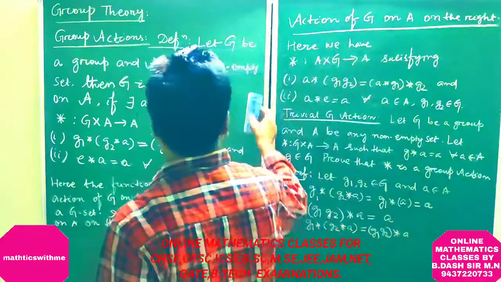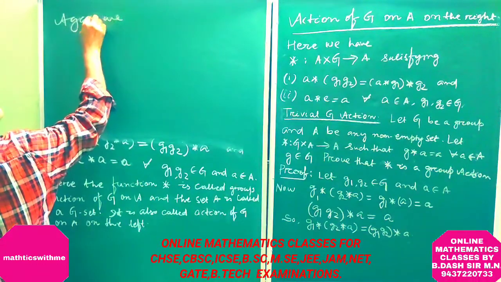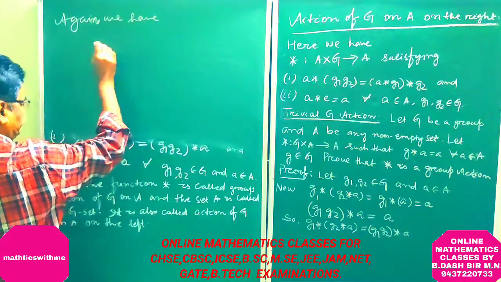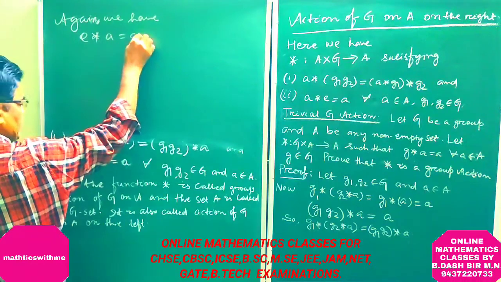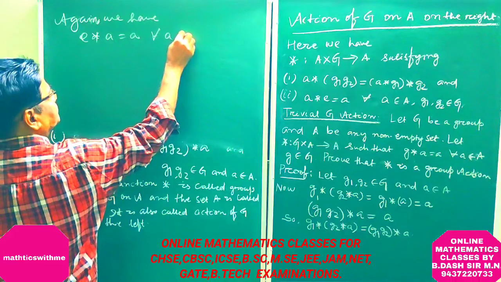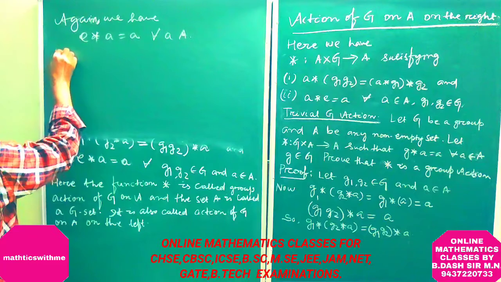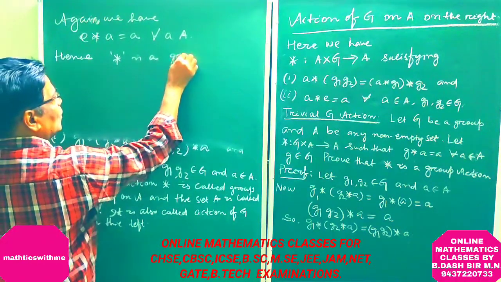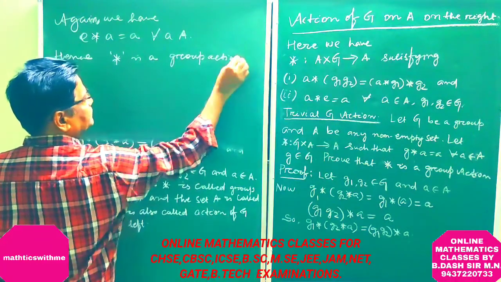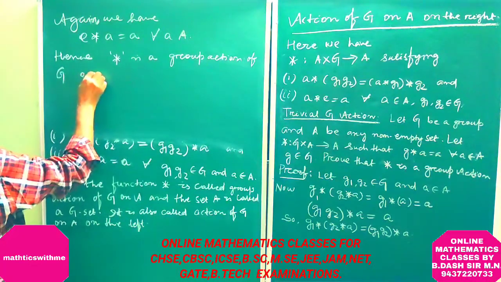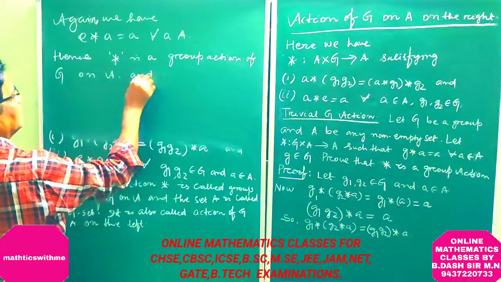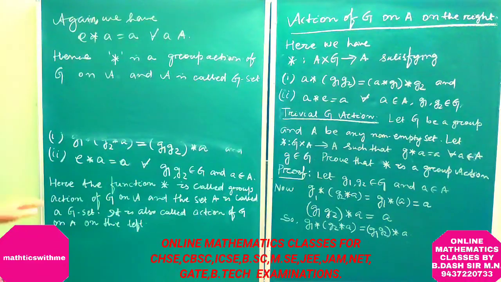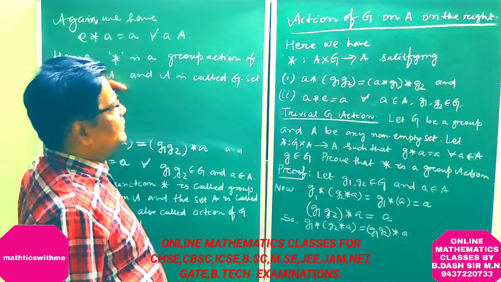To prove the second condition, again we have e star a is equal to a for all a belongs to A. Hence star is a group action of G on A, and A is called a G-set.